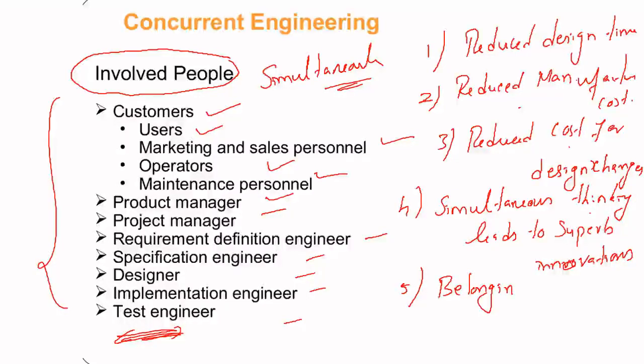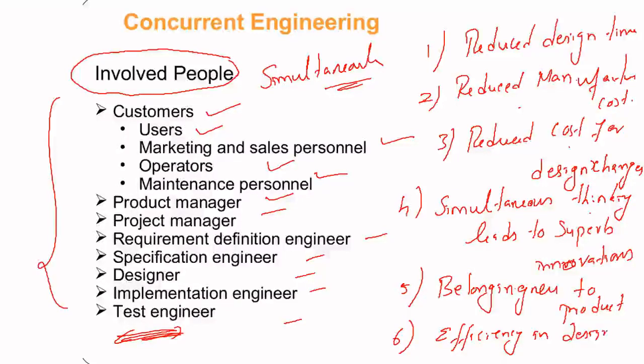That means everyone will start to associate themselves with the product. That's the meaning of belongingness to the product. And efficiency in the design will improve significantly. So these are all the advantages of having concurrent engineering.